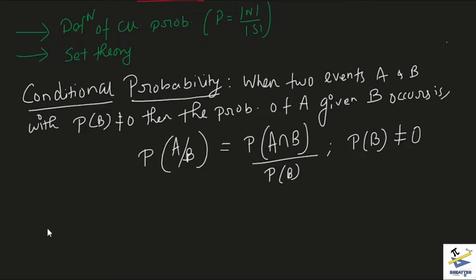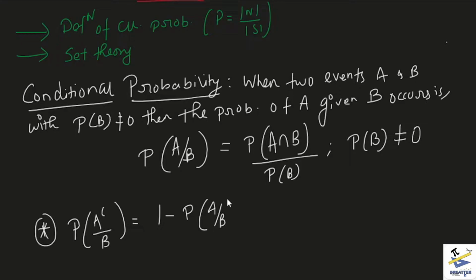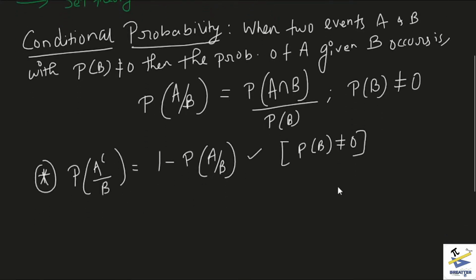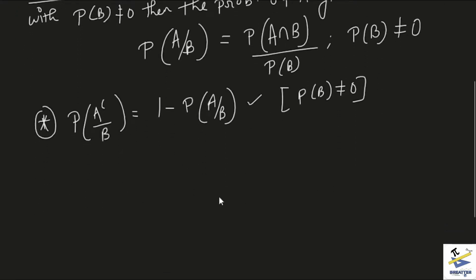Now one of the important rules in classical probability about conditions is, when you have probability of A complement given B, this is simply written as 1 minus probability of A given B. So this is important because the event B is given as a barrier here, so it basically acts as a sample space, as I've said before.